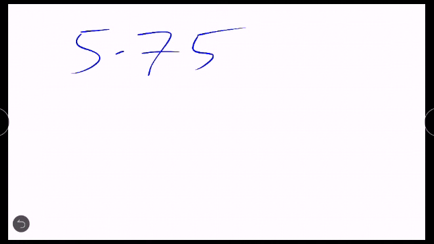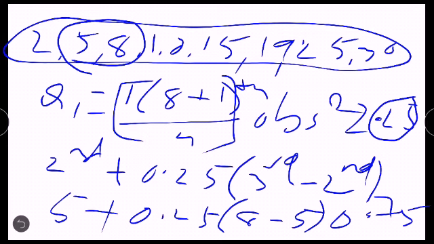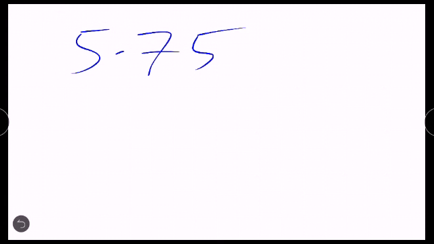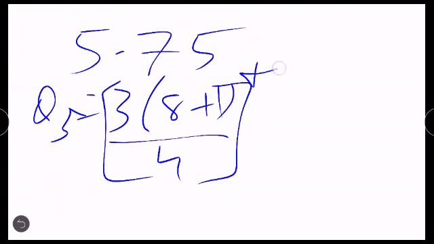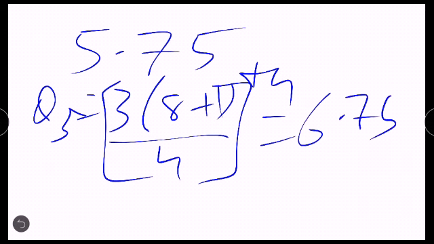So if you want to find the third quartile, that is Q3, for the same observation here, the formula for Q3 is Q3 is equal to 3 into bracket 8 plus 1 divided by 4th observation. So 8 plus 1, 9. 9 into 3, 27. 27 divided by 4 is 6.75.